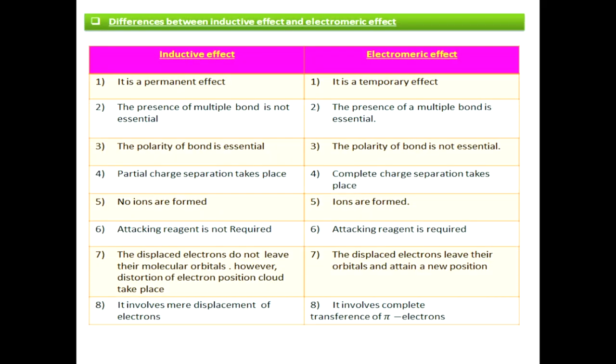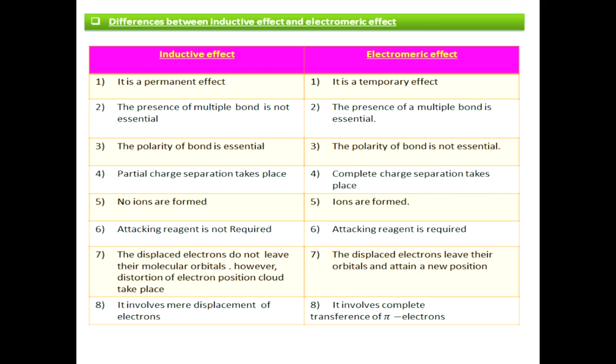Now, there is a difference between the inductive effect and the electromeric effect. The inductive effect is a permanent effect, whereas the electromeric effect is a temporary effect. The presence of multiple bonds is not essential in the inductive effect, whereas in the electromeric effect the presence of multiple pi bonds is compulsory. The polarity of the bond is essential in the inductive effect, whereas in the electromeric effect the polarity of the bond is not essential; it will be generated during the reaction.